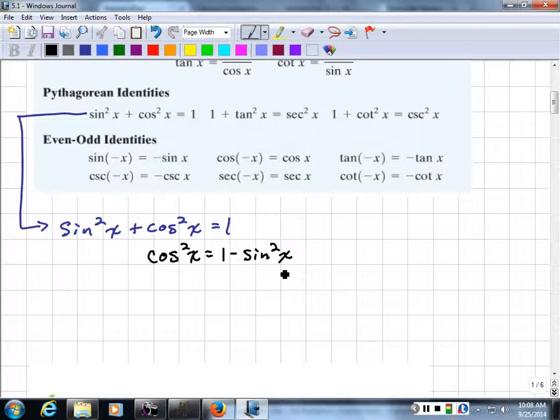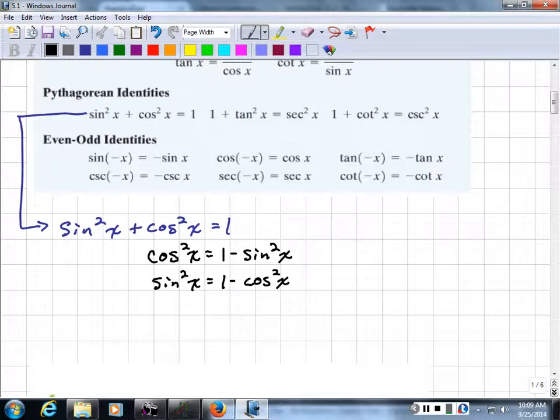And if I subtract cosine squared x from both sides, I get sine squared of x is equal to 1 minus cosine squared of x. Okay? By the same logic, I can do that with 1 plus tangent squared x equals secant squared x. And I can do that with 1 plus cotangent squared x equals cosecant squared x. Okay?